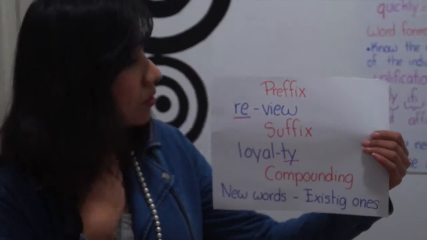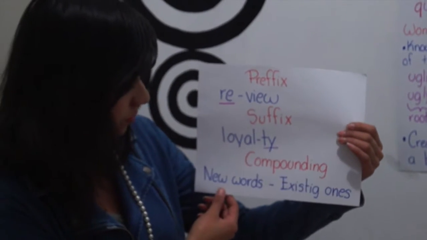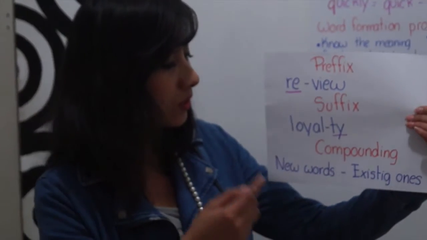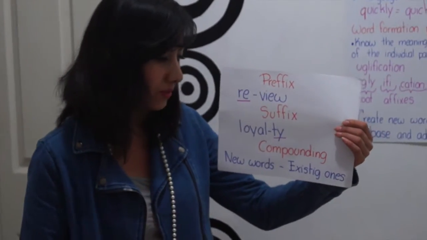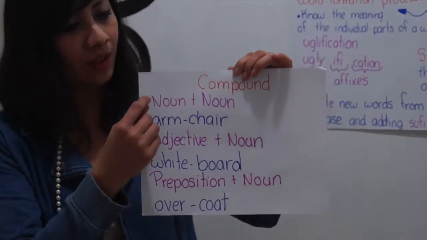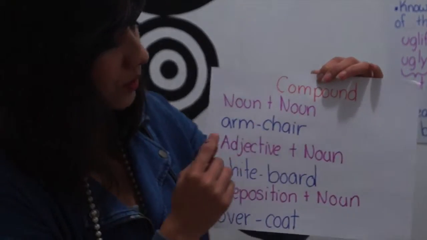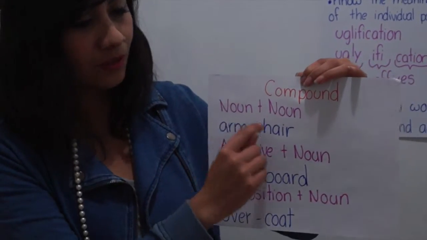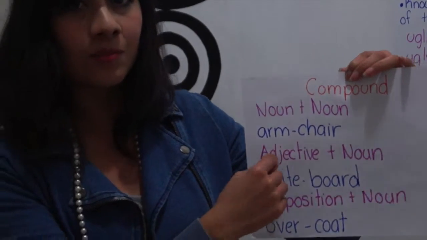And then I'm going to start talking about compound words, which are new words that are created from existing ones. An example of a compound word is a noun plus a noun. For example, armchair. Another one is an adjective plus a noun.